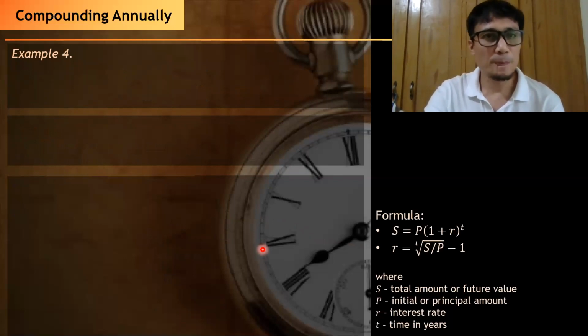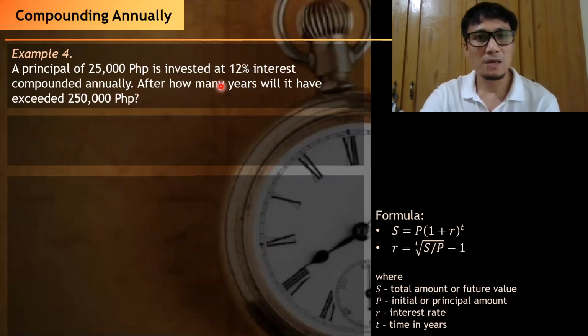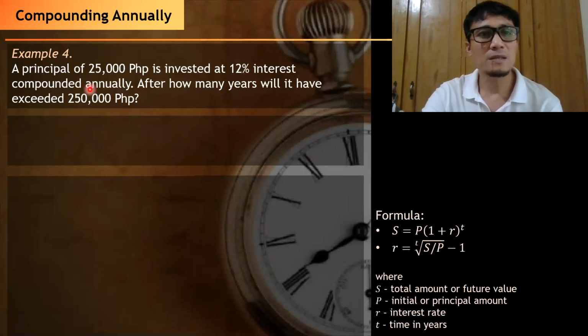Next example, still under compounding annually. This time, we have the case where we are asked to find the number of years, and the number of years is T, right? The principal amount is given, the rate of interest is given, and this is compounded annually.